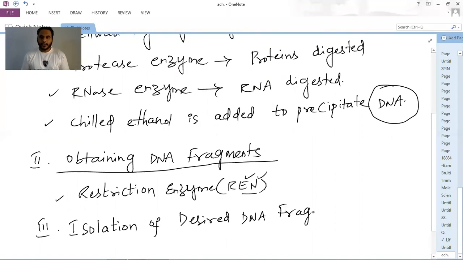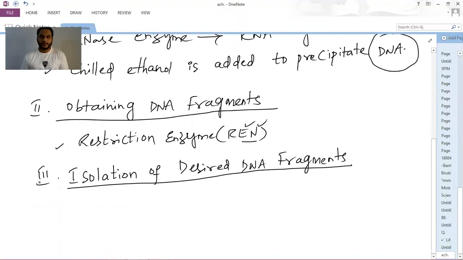Isolation means separation. So how are they isolated? Based on their length, on agarose gel medium, by the process called electrophoresis. For DNA fragments, we should use the gel electrophoresis method.